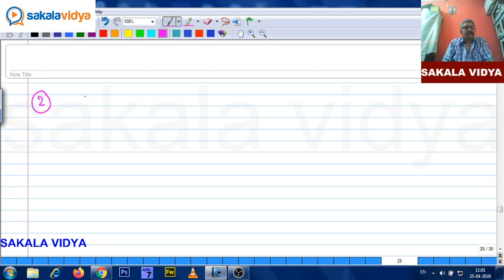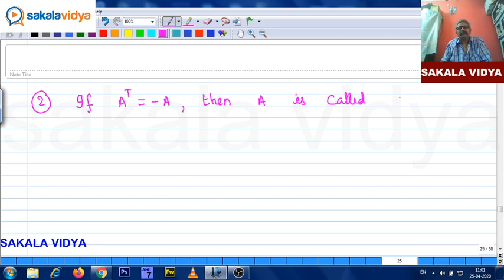Second, for example, if A transpose is equal to minus A, then A is called a skew symmetric matrix. Skew symmetric matrix.